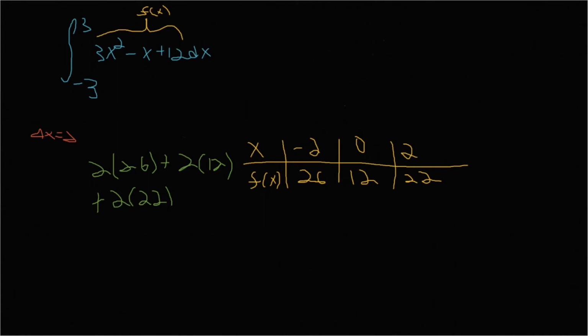And so, if I multiplied everything out to get a final answer, we would get 2 times 26, which is 52, plus 2 times 12, 24, plus 44 is 120.